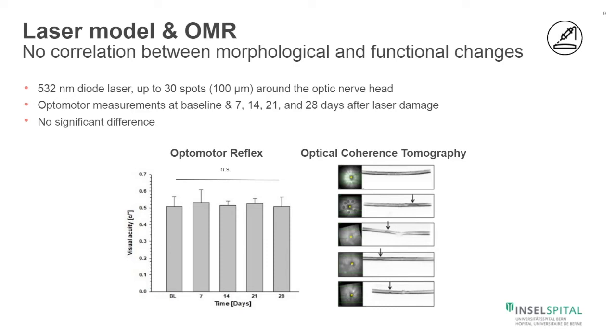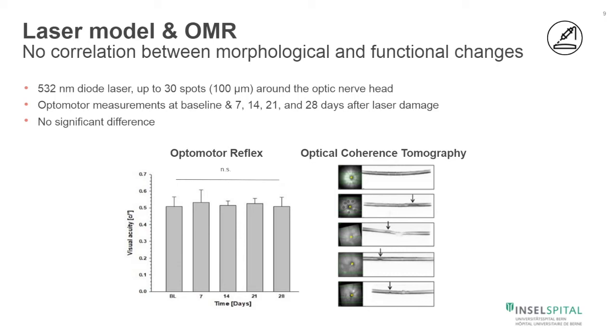So to investigate that, we were looking over a time of approximately 28 days for the functional measurement with the determination of the visual acuity and compared that to the images of the OCT.